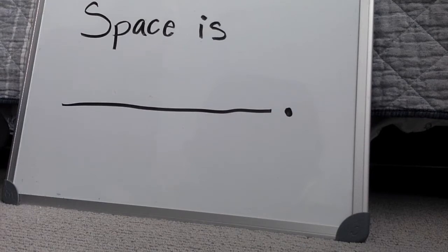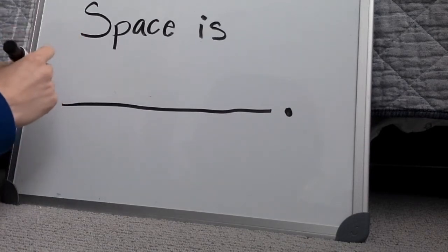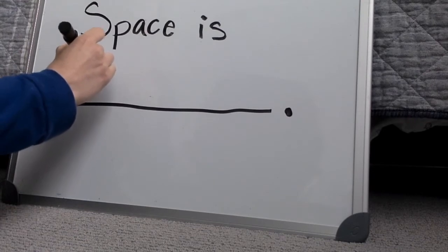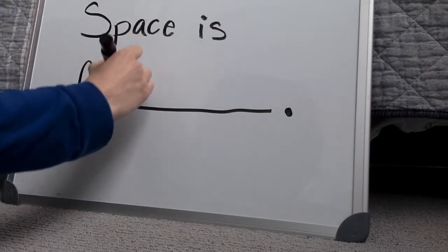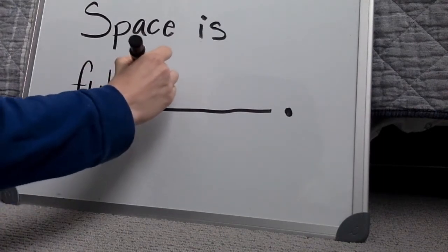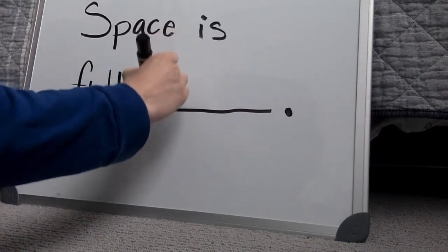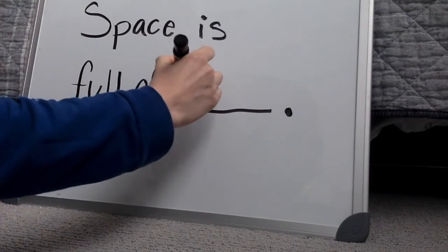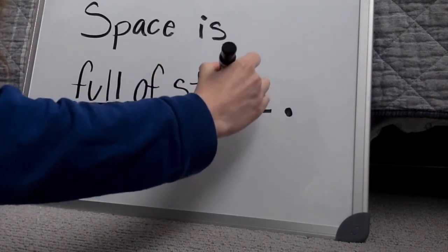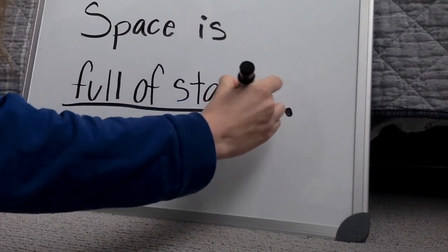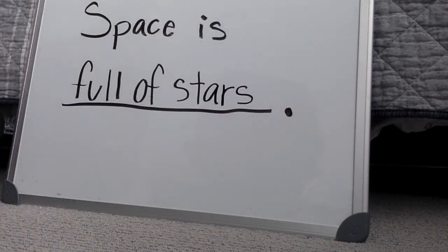Space is full of stars, so I'm going to write of, another one of our sight words, stars. Space is full of stars, and I encourage you to write your own sentence about what space is.